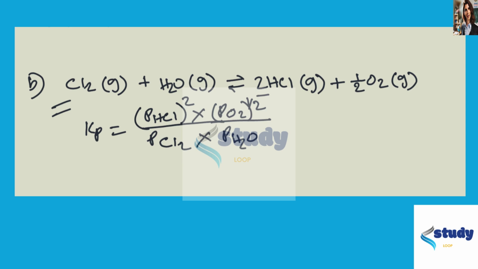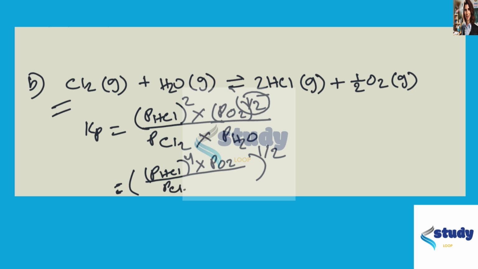Now if we take this half as a whole power, we will write this as partial pressure of HCl to the power 4 times partial pressure of O2, and in the denominator partial pressure of Cl2 raised to power 2 times partial pressure of H2O raised to the power 2.